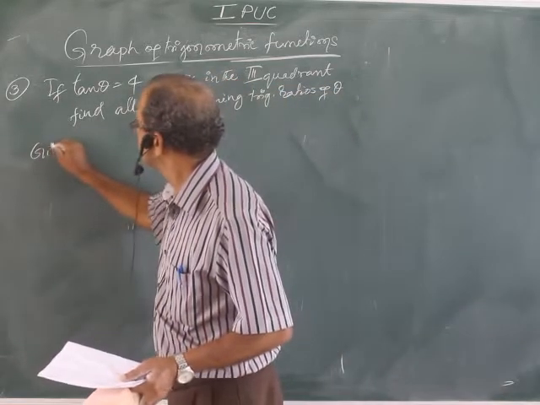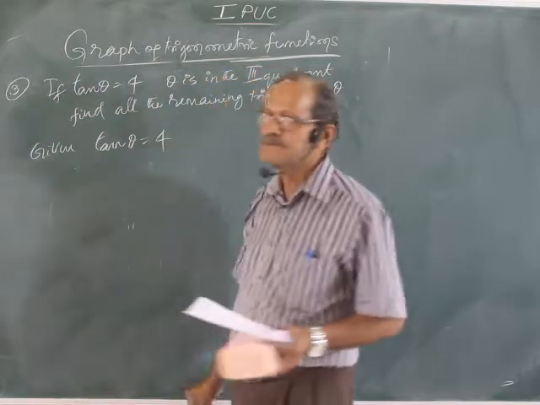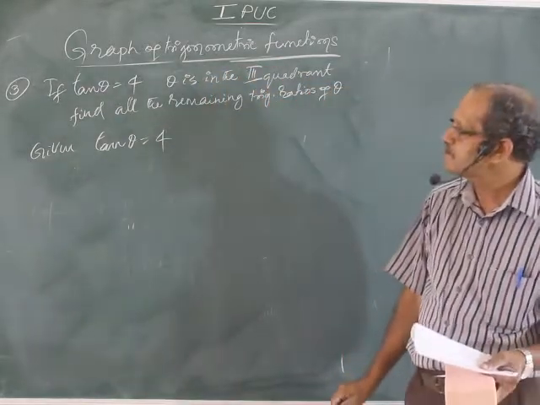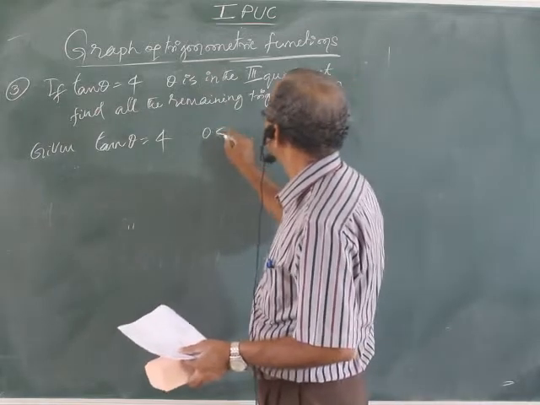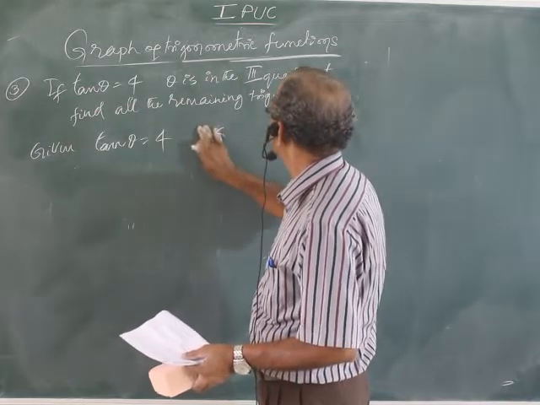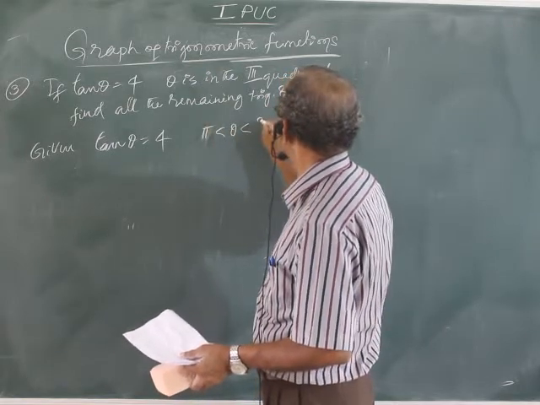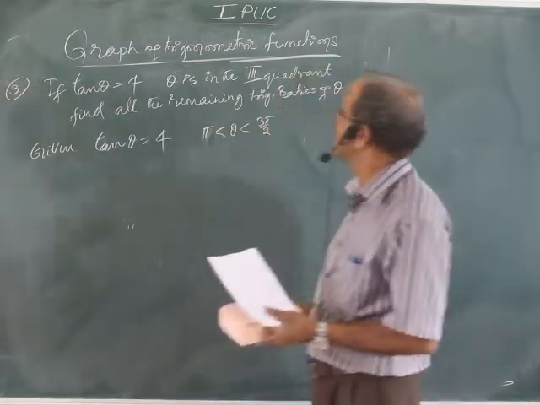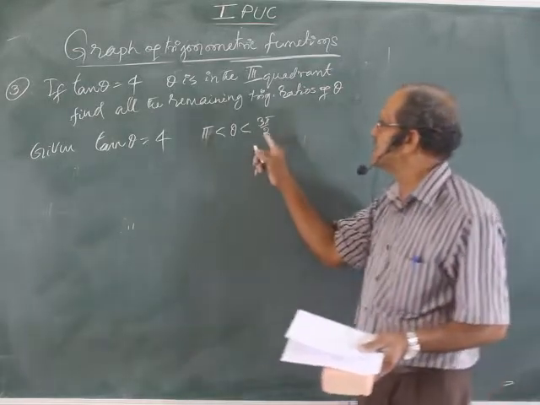Given tan theta equal to 4. The angle is in the third quadrant. Third quadrant means pi less than theta less than 3 pi by 2. Like that also you can write. Third quadrant means more than 180 and less than 270.